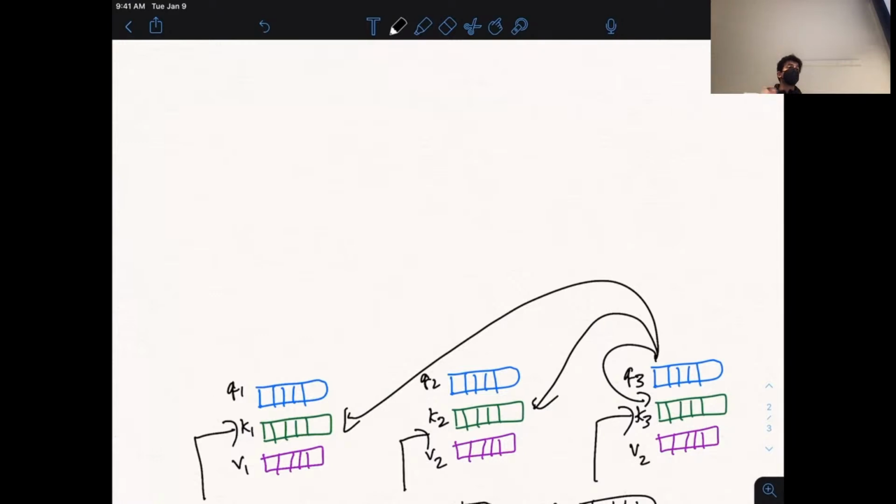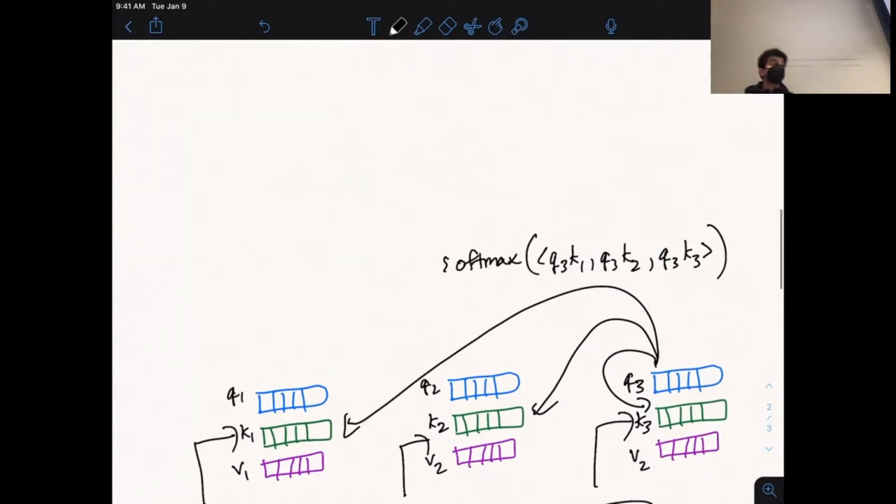So I get 3 scores now. I have Q3 K1, Q3 K2, and Q3 K3. And again, just like in attention, now that I've computed these query key scores, I'm going to apply the softmax function to get a distribution over the time steps.